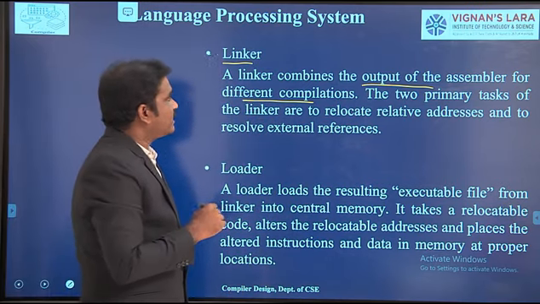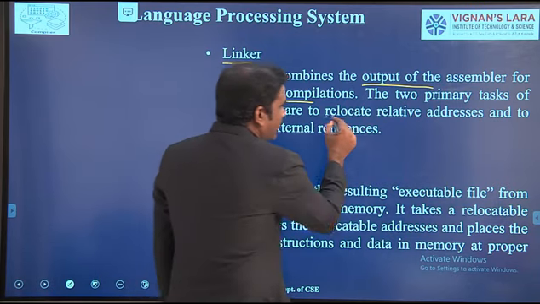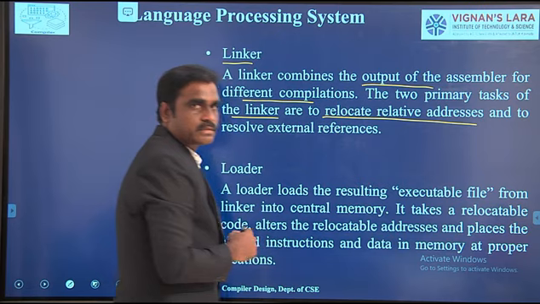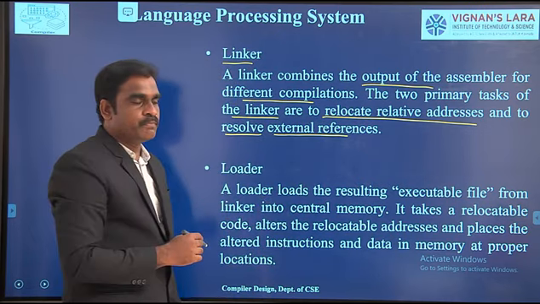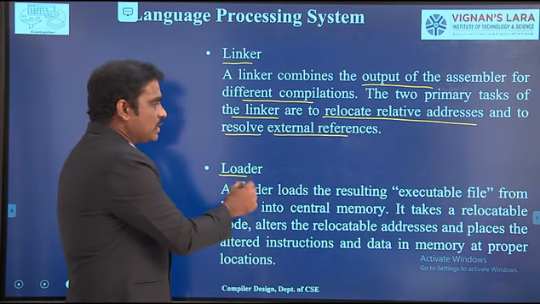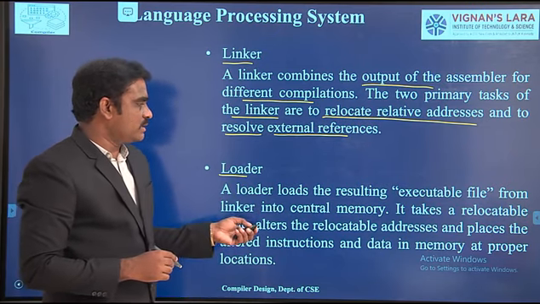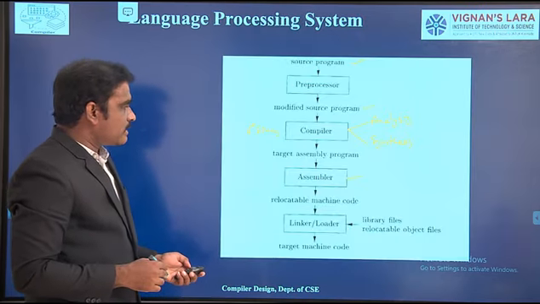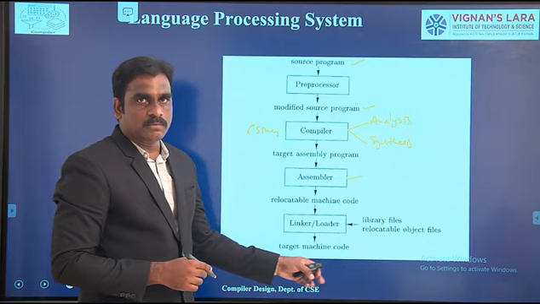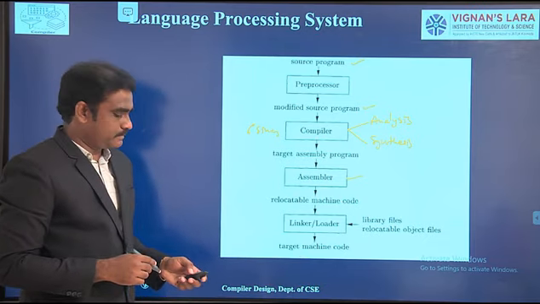In the linker we perform mainly two tasks. One is relocating relative addresses and the other is resolving external references. The loader loads the resulting executable files from the linker into main memory and the target machine code is generated. So this is about the language processing system.